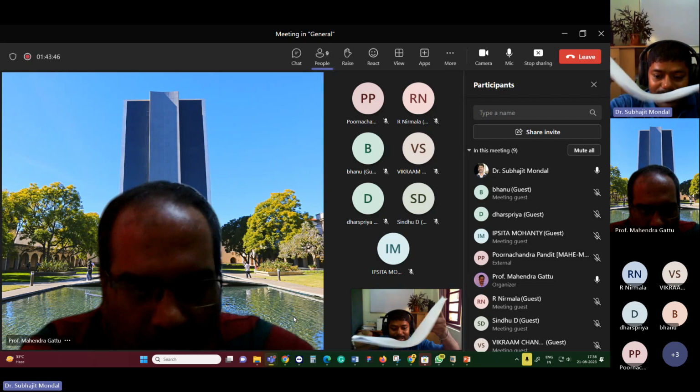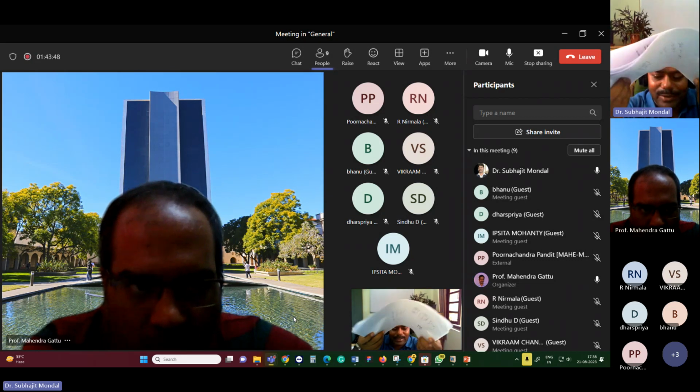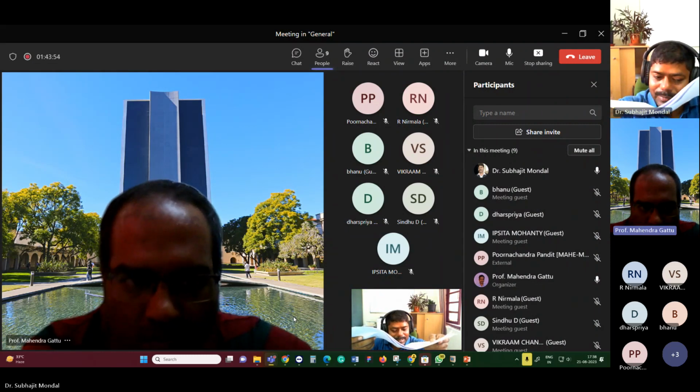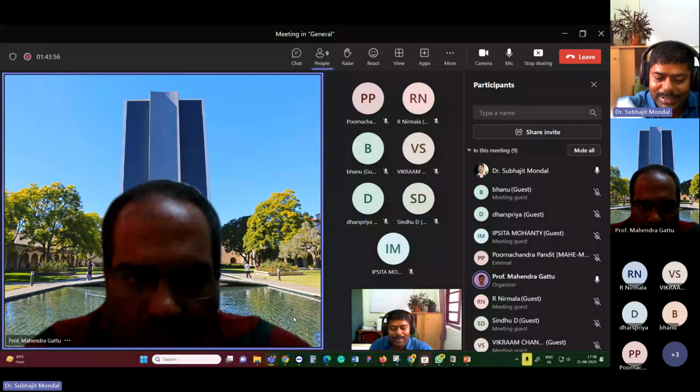If you want to go for the second mode, I have to apply more effort, that means more energy to vibrate in the second mode. If you go for the third mode, you need even higher energy.